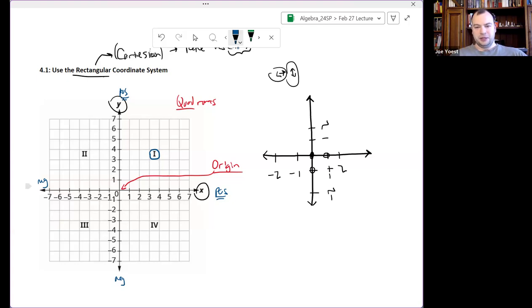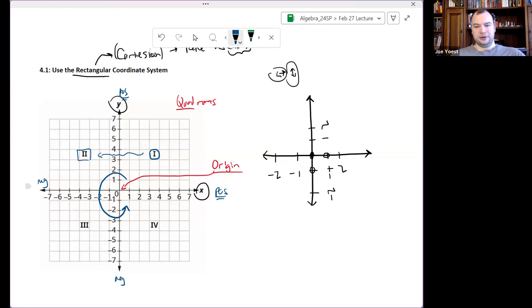And then we proceed counterclockwise. So if we go counterclockwise, we're kind of traversing right to left across the top. That brings us to quadrant 2.